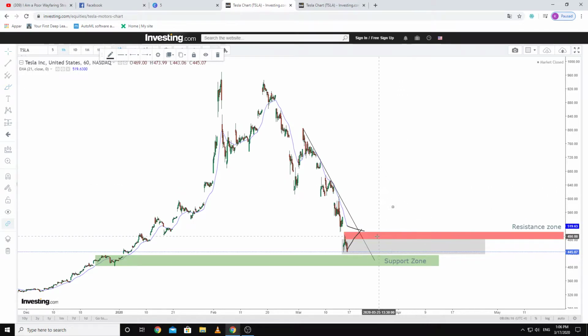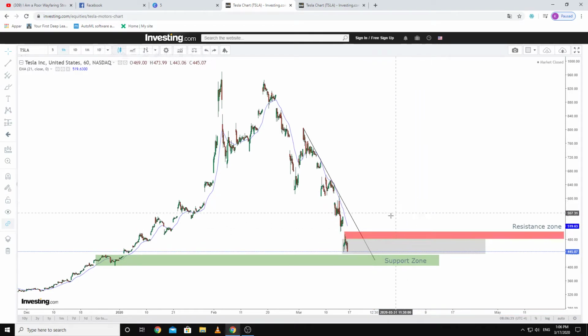What do we do? Well, some people might think, oh, since it broke out, oh my goodness, we're going to buy, right? We could see an engulfing candle towards the downside, and it just pummels right down again. You guys get what I mean. I would not be looking for a buy in this market right now.